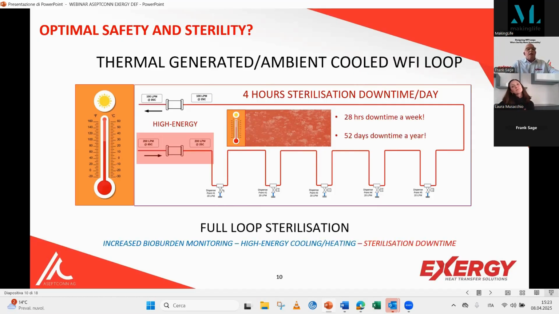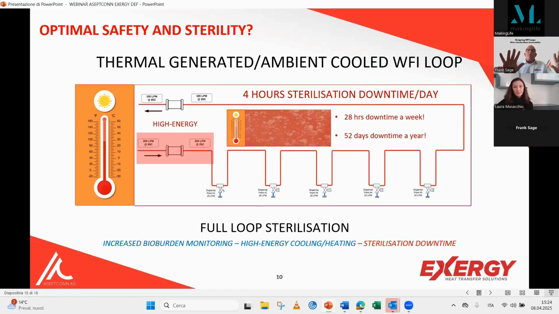Typically on a cold WFI loop, if it's thermal generated and then cooled down, you will need regular full loop sterilization of a minimum of 4 hours downtime per day. One client told us that the entire thermal loop is cooled to ambient for up to 48 hours before requiring hot WFI sterilization cycles.